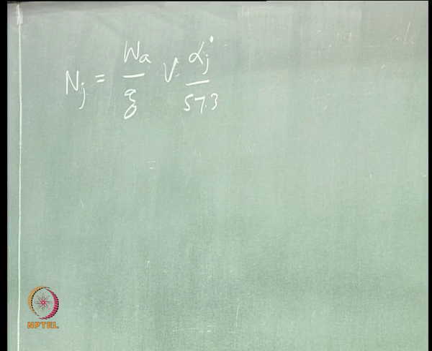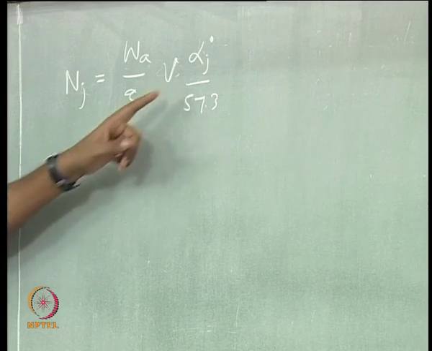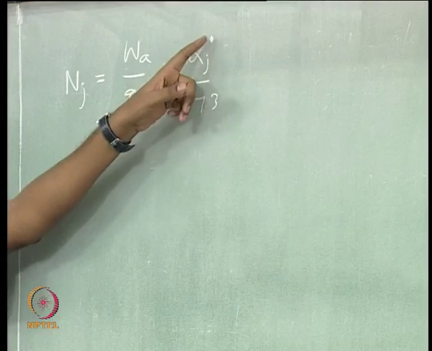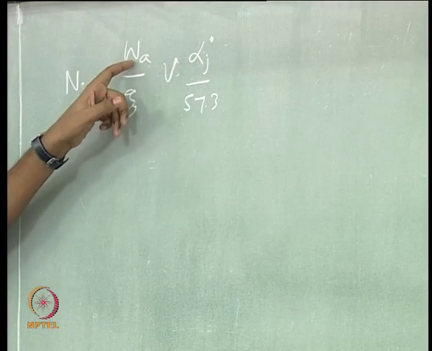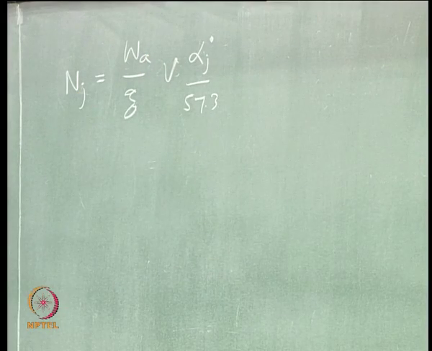The angle of attack at the engine inlet is this alpha j in degrees. Wa is the air mass flow rate.